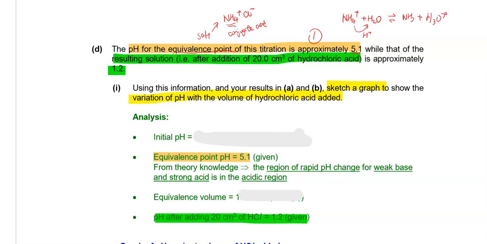This H3O+ generated will cause the pH to be less than 7. After adding 20 cm³, this is beyond the equivalence point already, because the equivalence point was at 10 cm³. Your pH will be 1.2, and this is expected, because as you add in more acid, the pH of the solution will decrease.